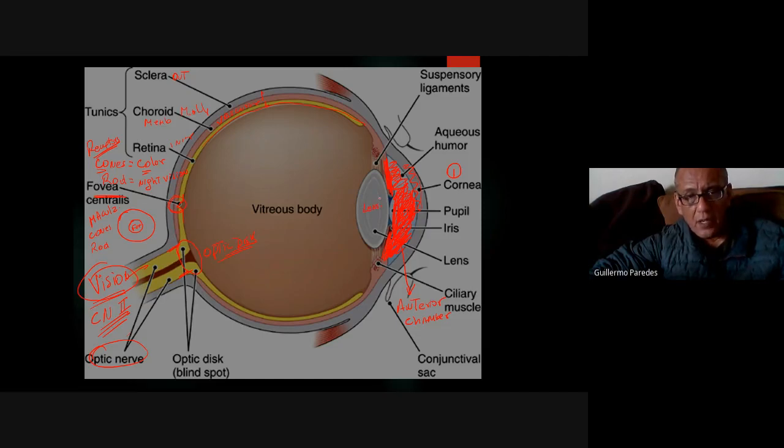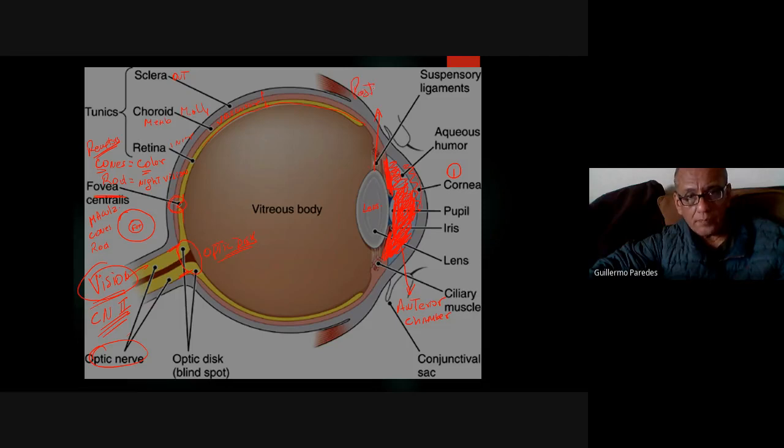The lens is going to be wider or narrower when you are focusing your eye. When you are focusing on the distance or focusing very close to your eye, the lens is going to change shape. Okay, so that belongs to the posterior chamber.